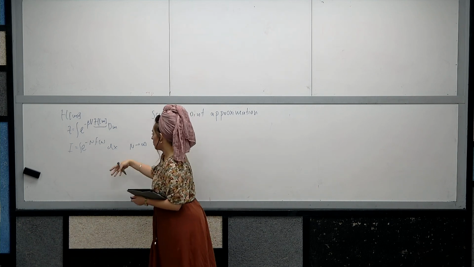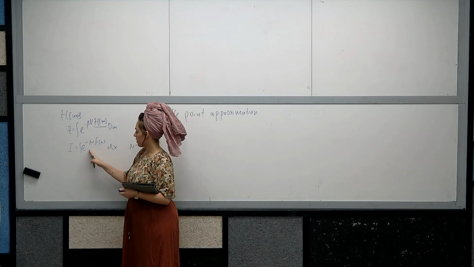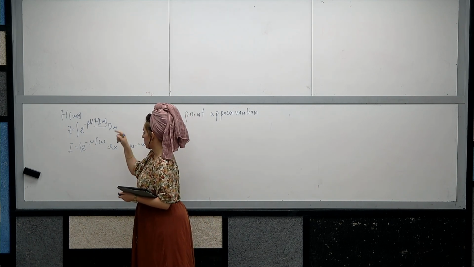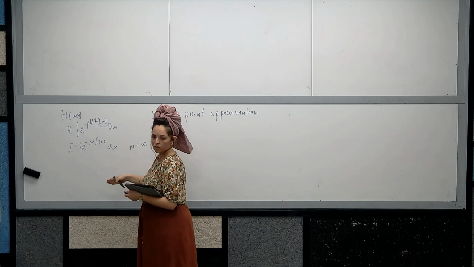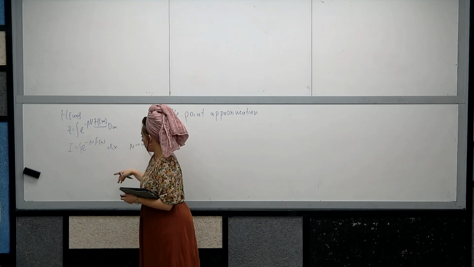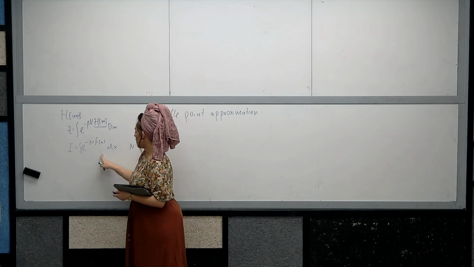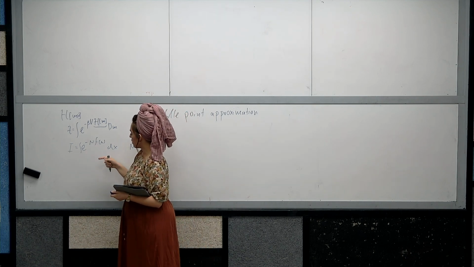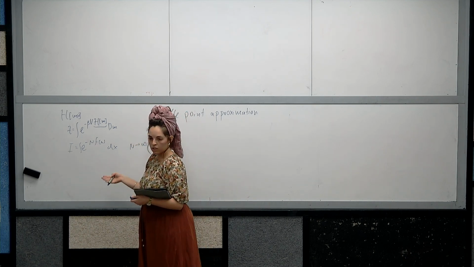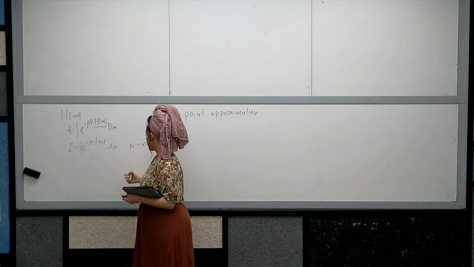And when n gets larger, this function goes down very fast. It's like an exponent that goes down very, very quickly. So the most important terms are the ones that are close to the minima of this function.